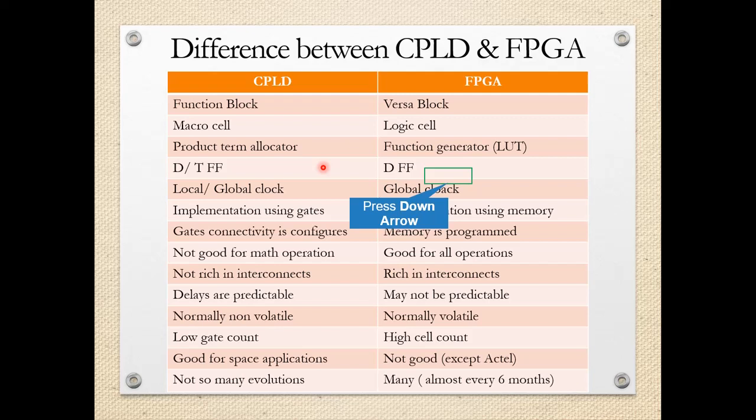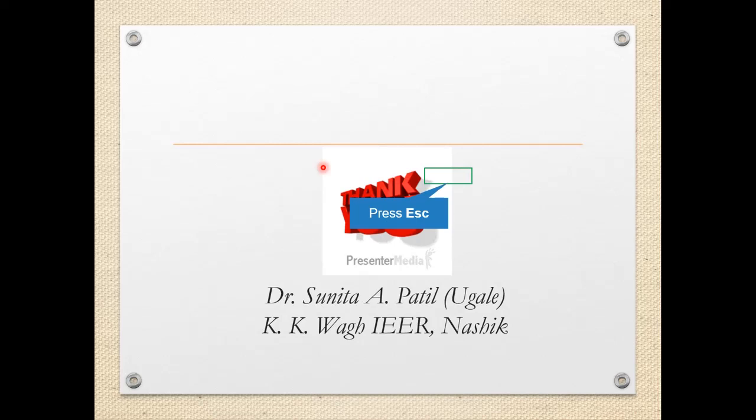CPLDs are good for space applications, whereas FPGAs are not good for space applications. There is not much evolution taking place in CPLD technology, but for FPGA, almost every 6 months, new devices are coming. Evolution is taking place very fast in FPGAs. Thank you.